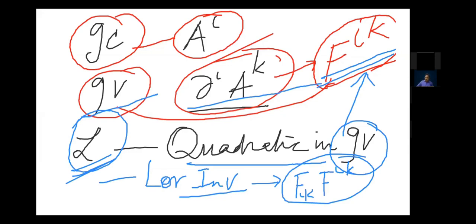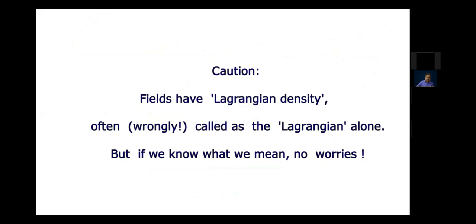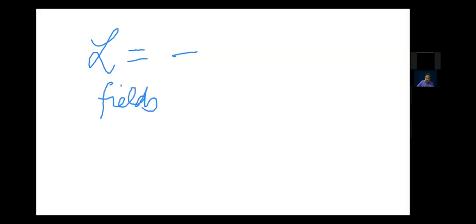So where do we go further with this? So now we have the Lagrangian density for the fields as minus 1 upon 16π, and then I write F_ik F^ik.